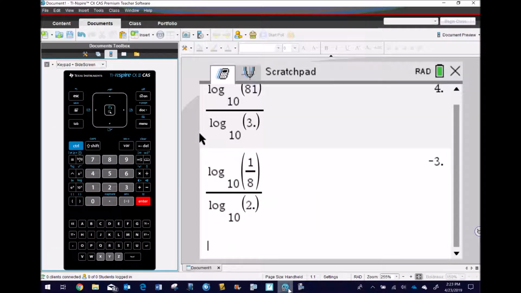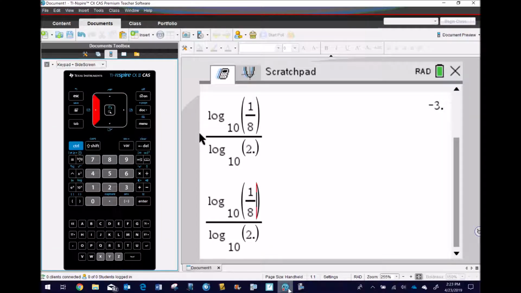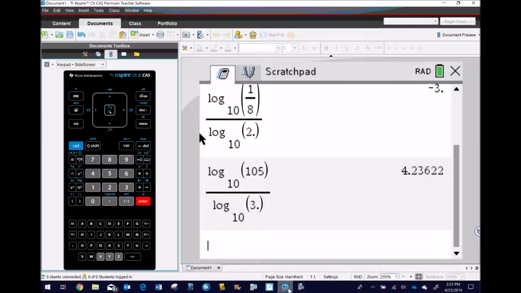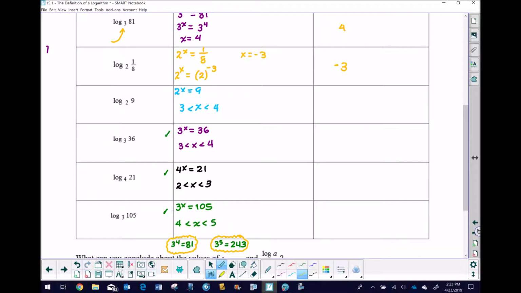I'll grab this, rip out the 1/8 and put a 105, and then put a 3 here, and my answer is a decimal output, 4.236, and I recall saying that the answer was going to be between 4 and 5. Nobody would have guessed that, right?